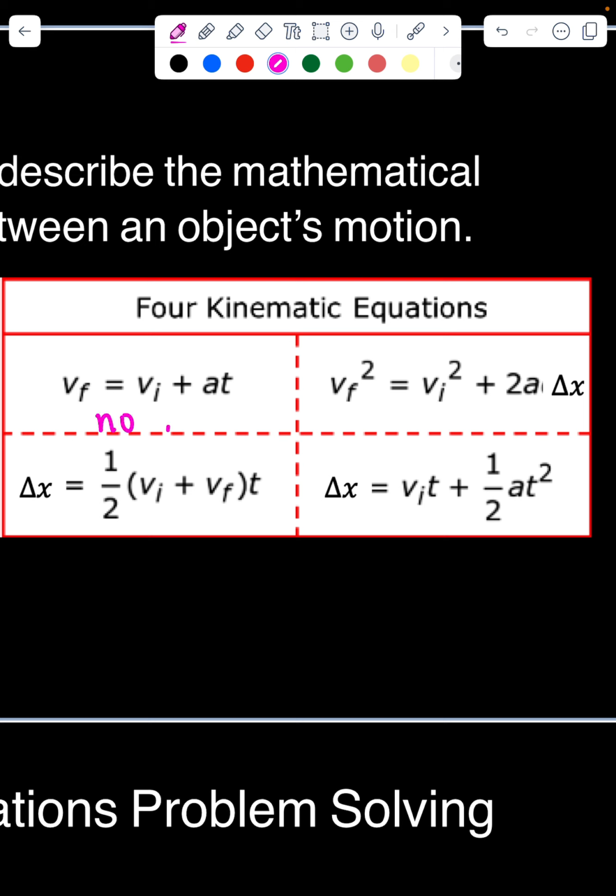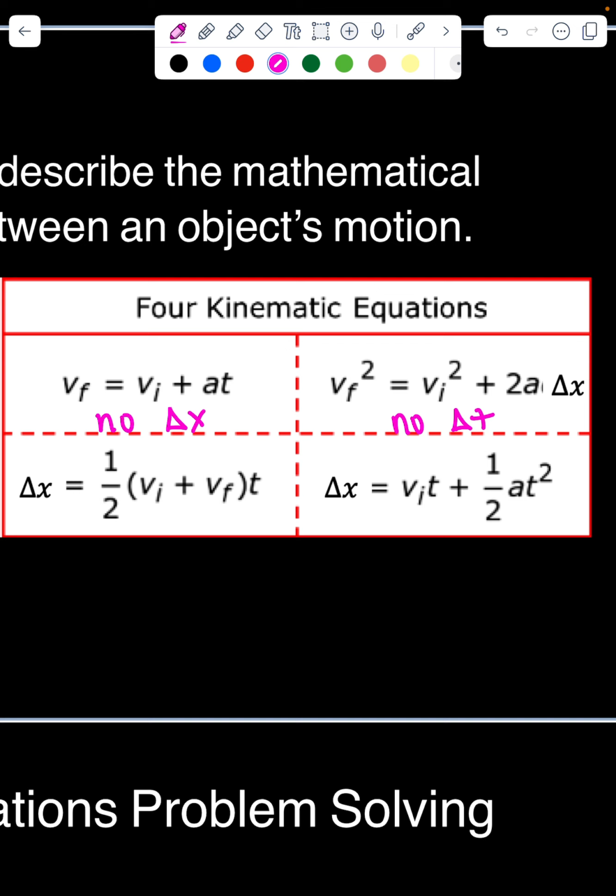So in this one, there is no displacement, and we would use this equation if we were not given displacement. In the top right, we're given V final, V initial, acceleration, and displacement. We are missing our time interval, so we would use that one if we were not given time.